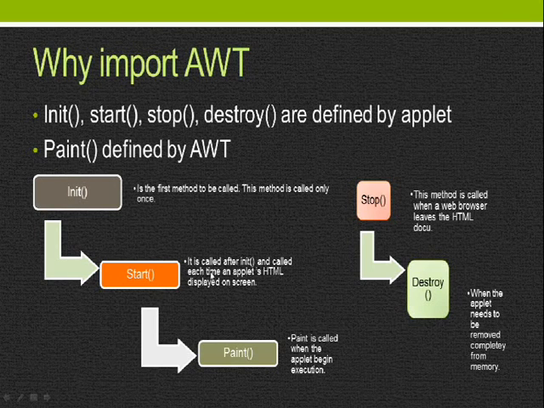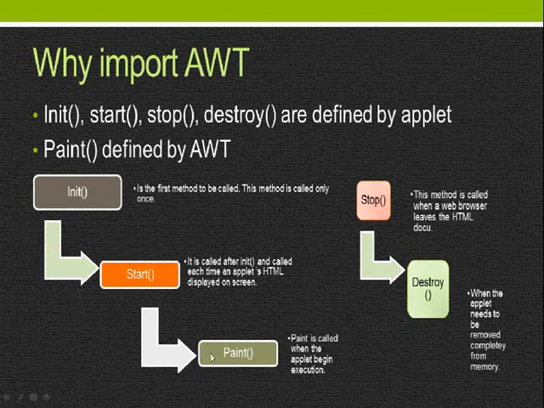After init, the start method will be called, and it is called each time an applet's HTML is displayed on screen. That is, if I refresh the HTML page again, or do some other process and then the applet is invoked, it is called many times.